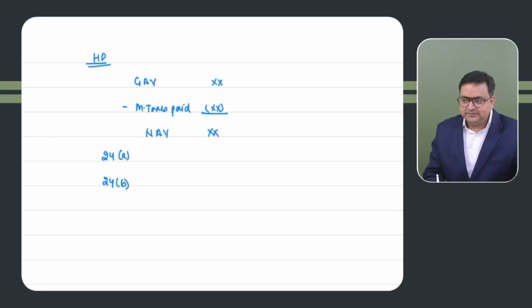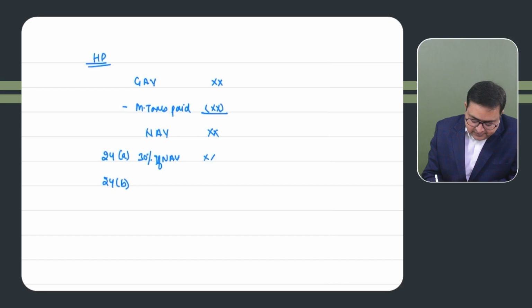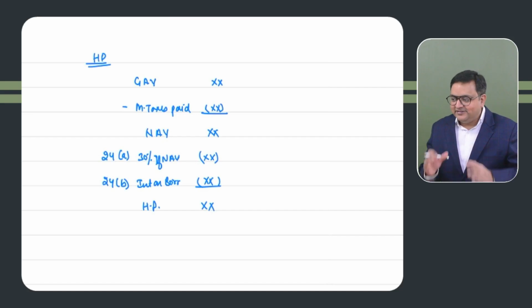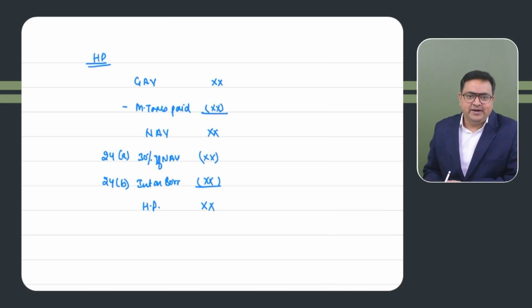But please remember that there are only two deductions available from house property. 24A, that is 30% of NAV, and second is interest on borrowings. So just subtract these two, you will get your house property income. This is a fixed format. Always remember that this is the fixed format of house property.